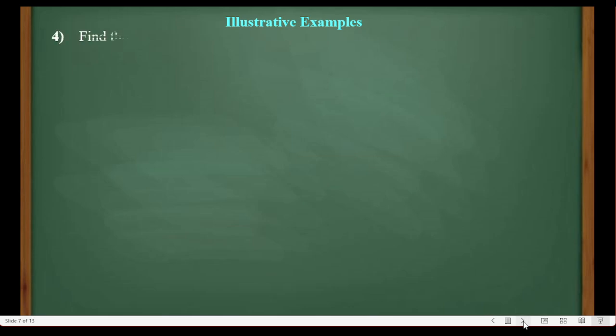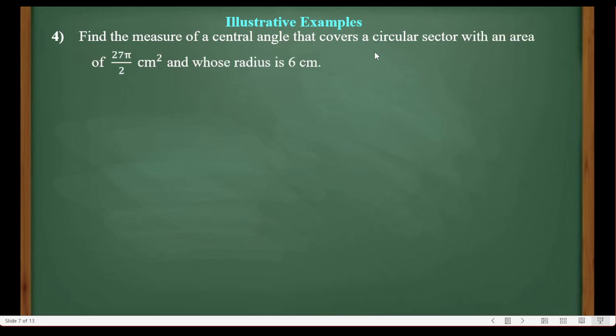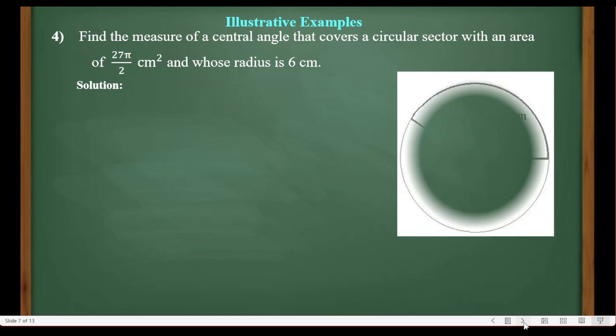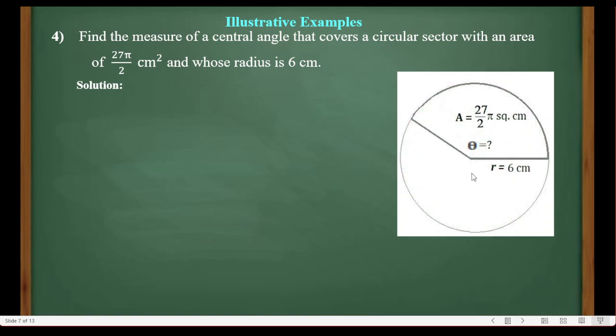Number 4. Find the measure of a central angle that covers a circular sector with an area of 27 pi over 2 square centimeters and whose radius is 6 centimeters. Now for our solution, again, we consider a drawing, labeling the length of the radius, which is 6 centimeters, and the measure of the central angle is unknown because that is what we're looking for, but the area of the sector is given as 27 pi over 2 square centimeters.